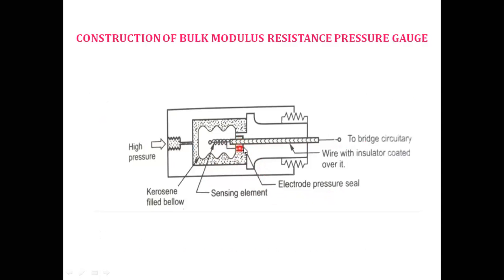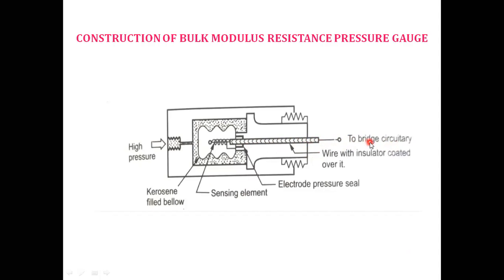These two are the electrode pressure seals. This is the wire wound with insulator coated over it. It is insulated, and due to this insulator coated wire, it is going to be given to the bridge circuitry.